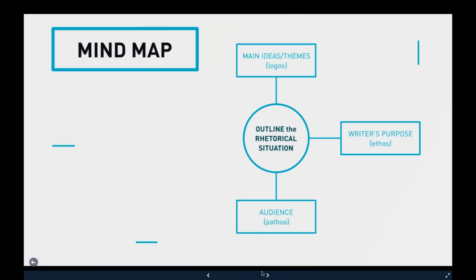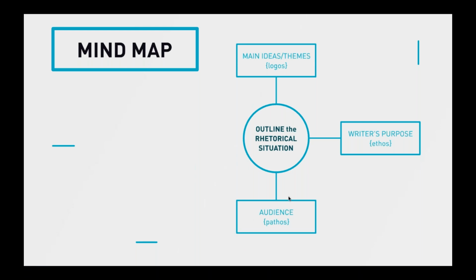mind mapping. So mind mapping is a little bit more in depth than just regular outlining. The reason for mind mapping is to avoid those kinds of comments in your paper of things like, this isn't logical, or this is too emotional, or I'm not sure you proved your point here with this source.